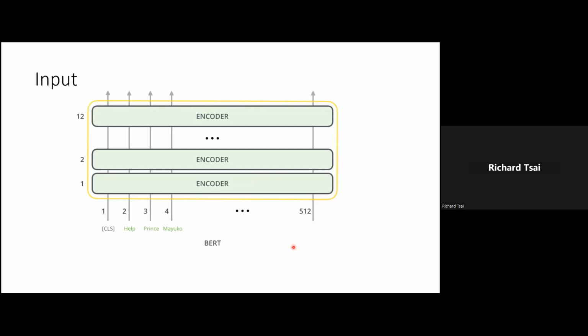So in this illustration of BERT base, we get a clear view of the stacked encoders. Each token is initially processed by the first encoder, and the output from the first encoder is subsequently passed to the second encoder, continuing in this manner for each subsequent encoder layer.